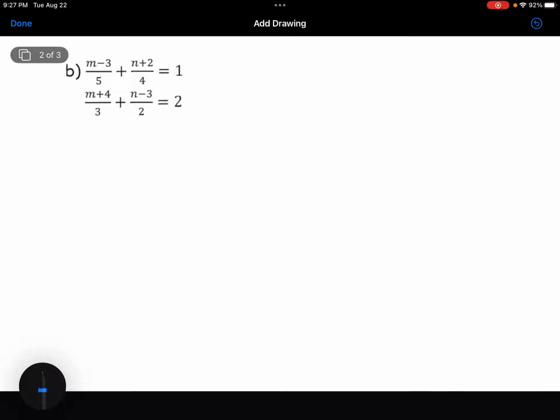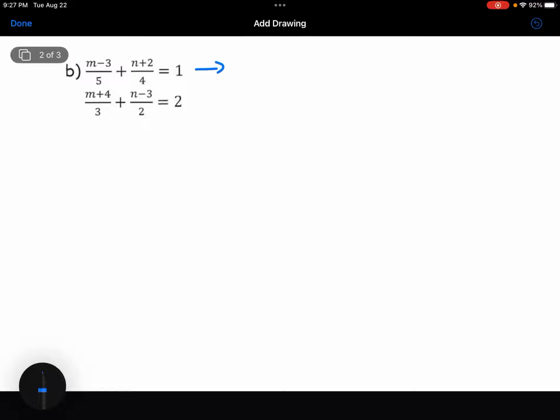So this one, similar to what we've just done, all we're going to do is change what it looks like. So I'm going to multiply everything in the first fraction by 4. Everything here is going to multiply by 5. And everything here is going to multiply by everything.